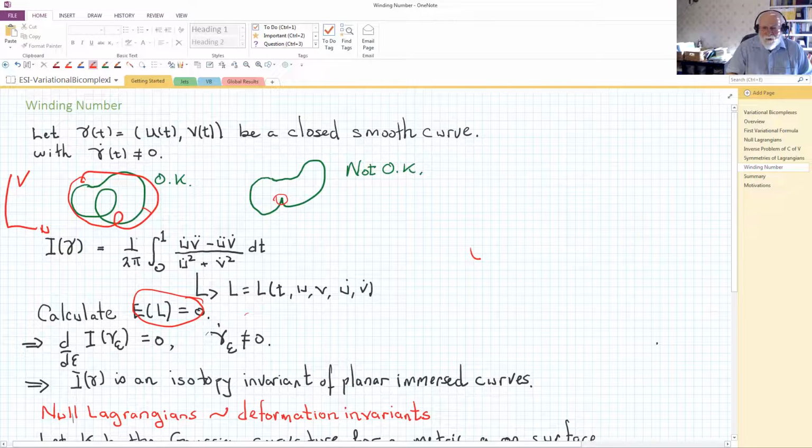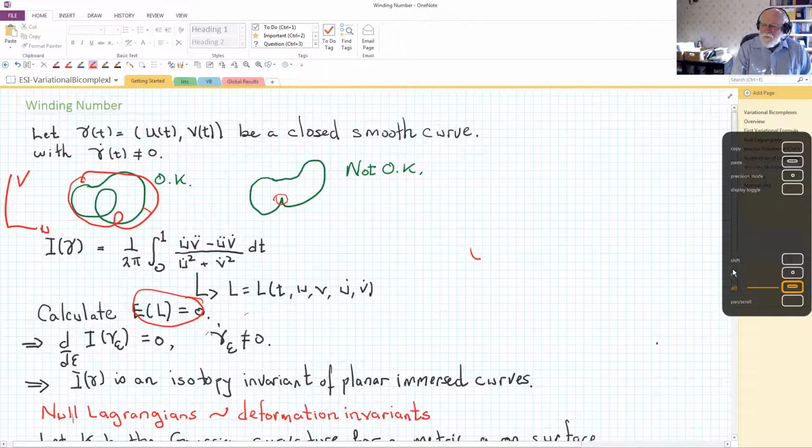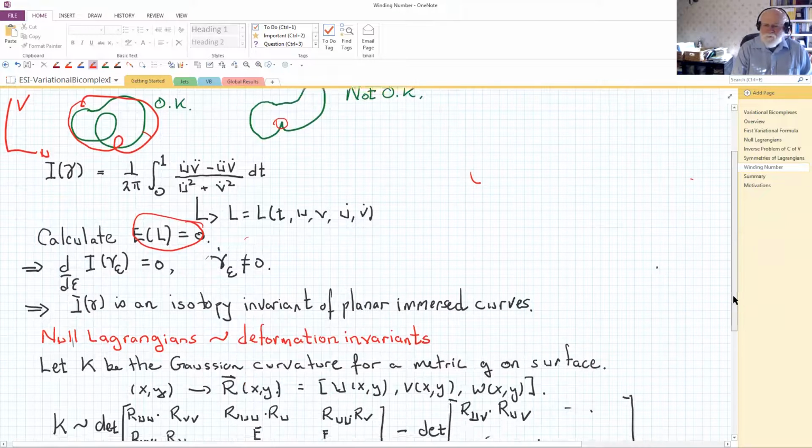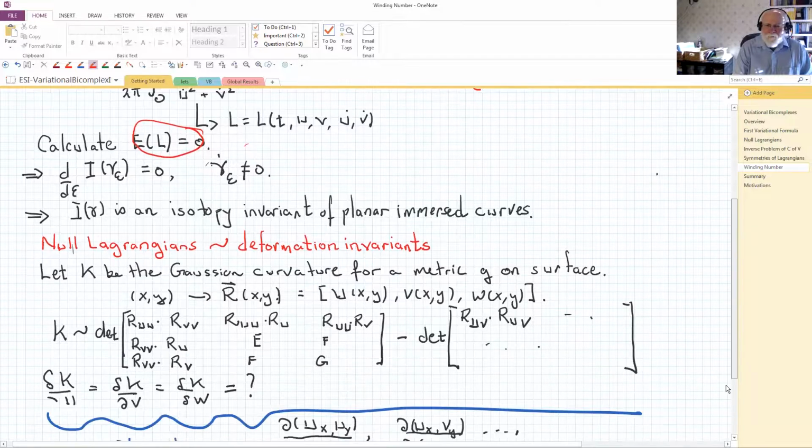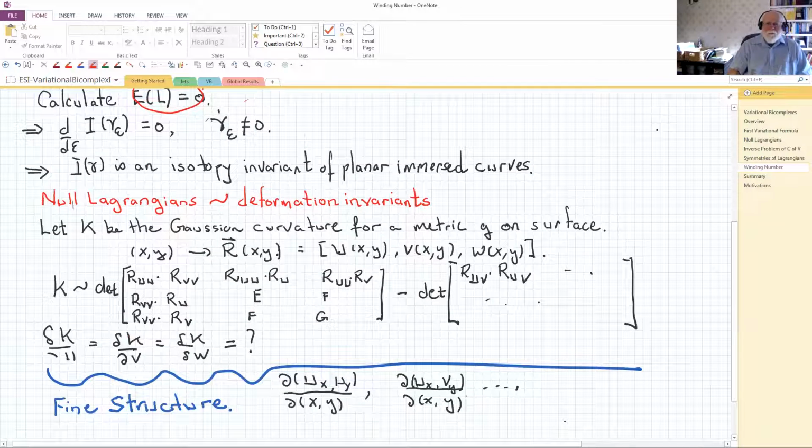Even if you hadn't known what it is, you could calculate its Euler-Lagrange expression, see that it was 0, and immediately deduce, by virtue of the first variational formula, that this integral is a deformation invariant of the curves.